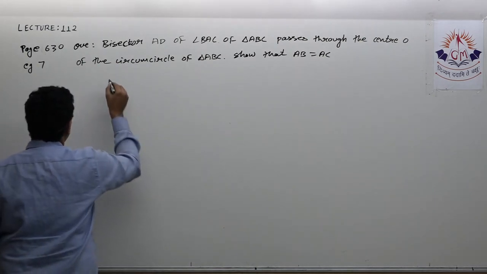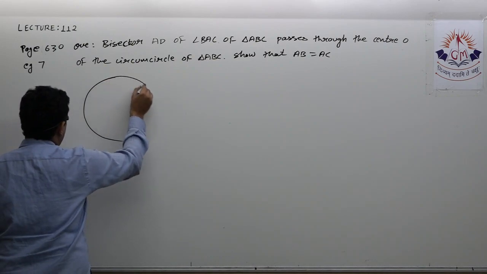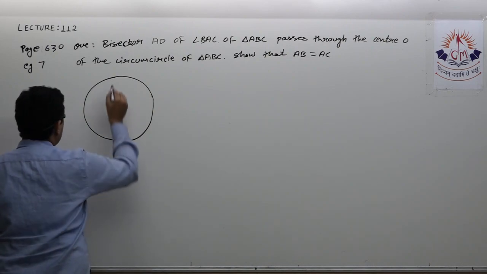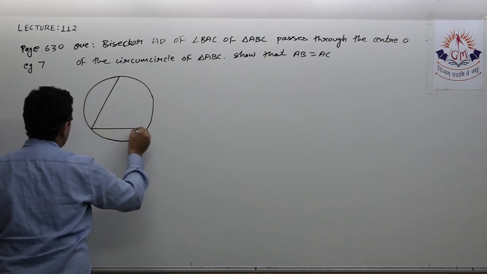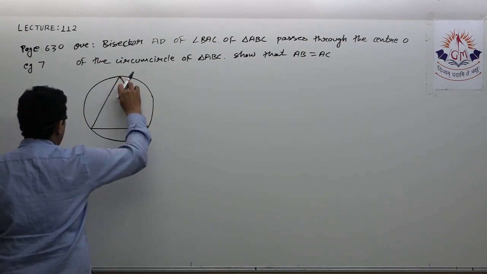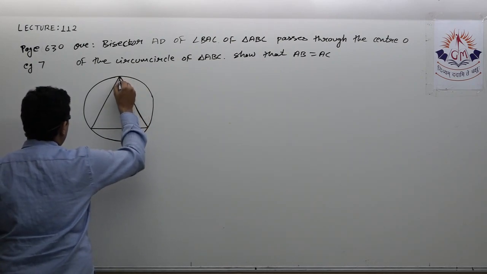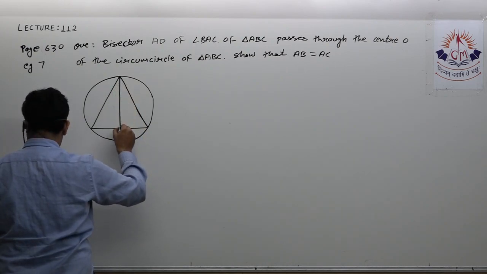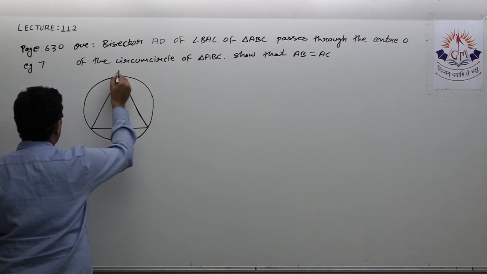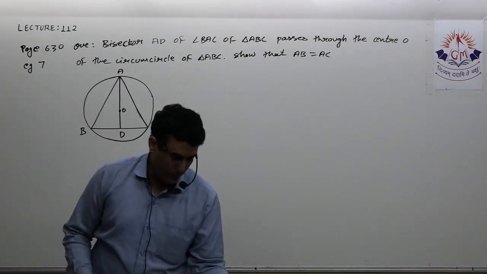Okay, so again here we have a circle, and in this circle there is a triangle ABC, and this bisector AD passes through the O. So we have to prove AB is equal to AC.